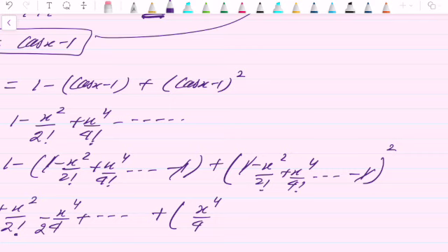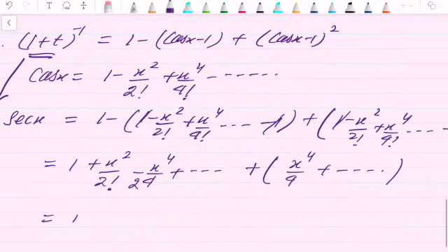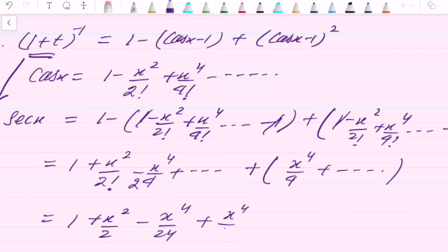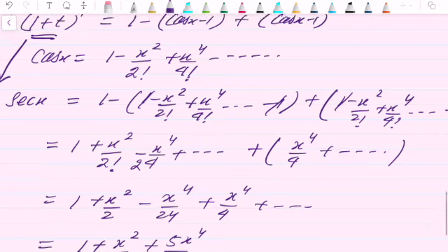Other terms we do not need to square because we need only up to x4. So we squared only the first term of the second expression. That's equal to 1 plus x squared by 2 minus x4 by 24 plus x4 by 4 and so on. When we simplify, that will lead us to 1 plus x squared by 2 plus 5x4 by 24. So that's the answer to part B.